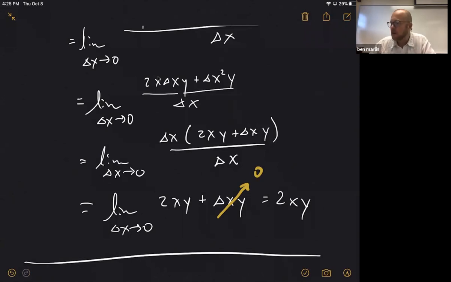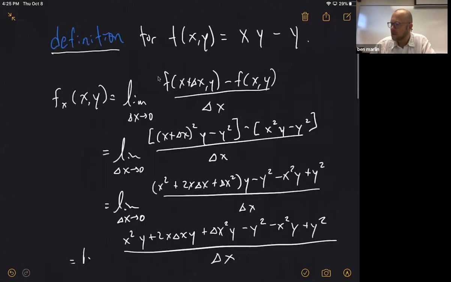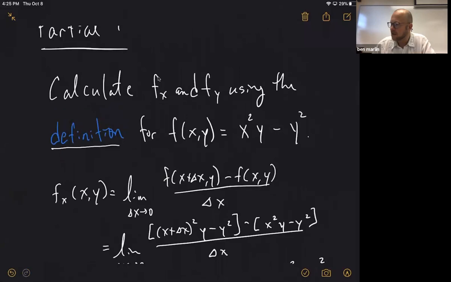If the question had not said to use the definition, you would have come in here and said, okay, there's the part with the x, here's the part with the y. The part with the y, we treat y like a constant, so it's just going to go away. And so now I'm taking the derivative of x squared times y, just like if you had 7 times x squared.